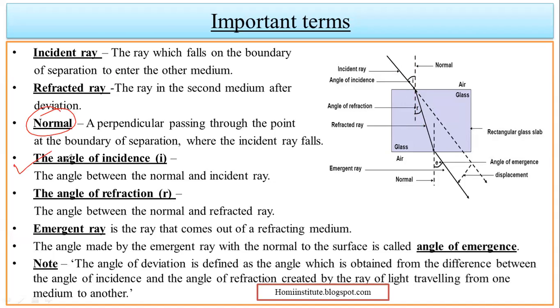Next is the angle of incidence. So as we had done in the laws of reflection, over there also we had understood the angle of incidence. So the angle of incidence is the angle which is forming between the incident ray and the normal.